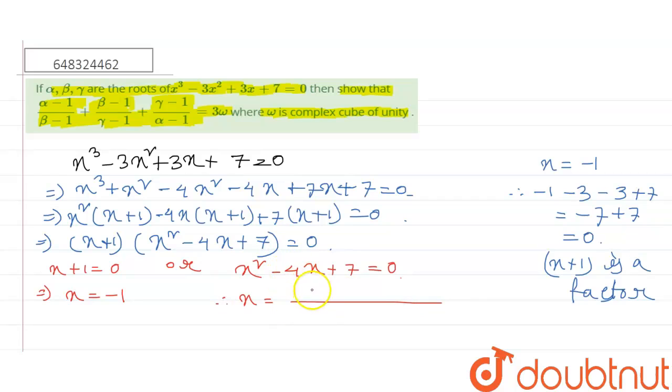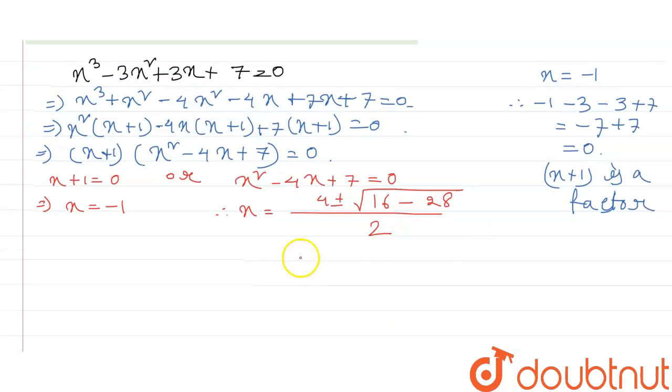Here b equal to minus 4, so 4 plus minus root over b square, which is 16, minus 4ac. Here a is 1 and c is 7, so 28 by 2. From this we get 4 plus minus root over minus 12 by 2.